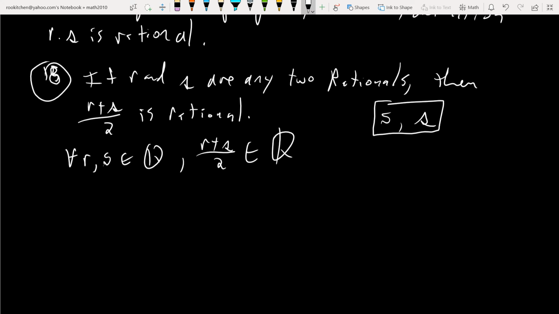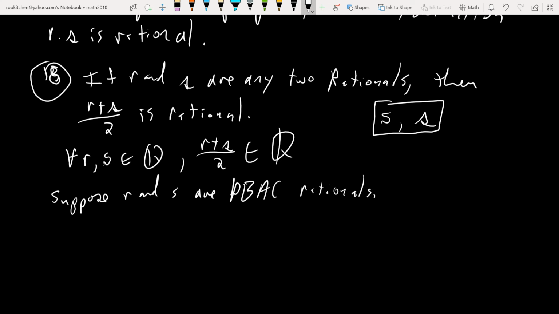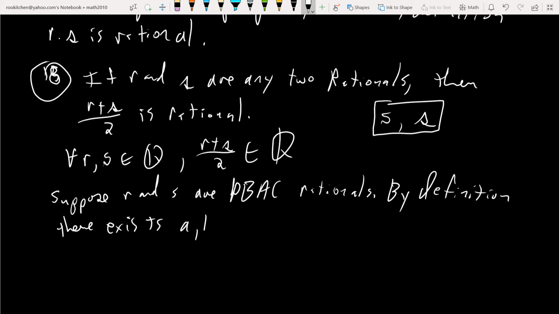Alright, so let's start with our supposition. Suppose R and S are particular but arbitrarily chosen rationals. So we could say, by definition of rationals, there exist A, B, C, D with B and D non-zero.